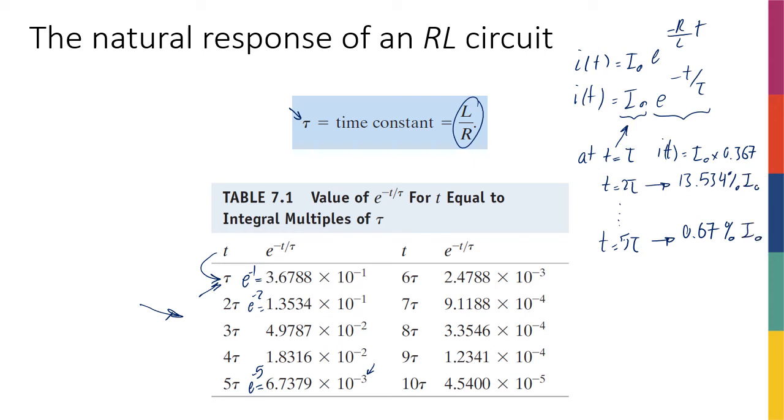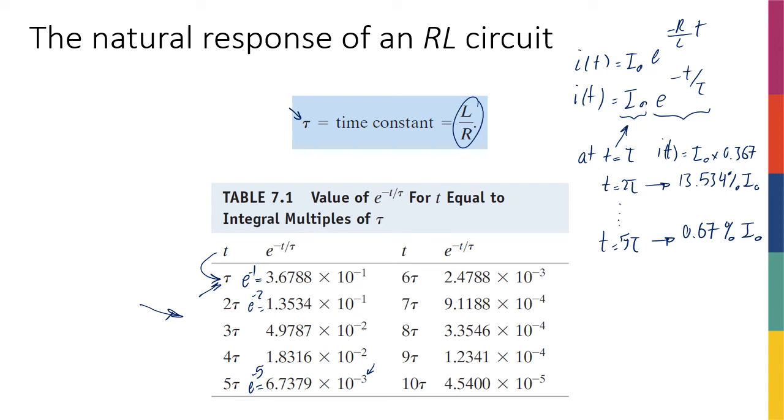So I can say that after 5 time constants, I'm going to get to less than 1% of my initial value. That is good enough for us engineers to approximate that as, well, after this, pretty much no change is going to happen. From 5 tau to 10 tau, I'm going from 0.67% to 0.00 something percent, right?